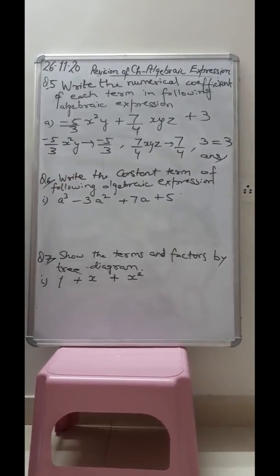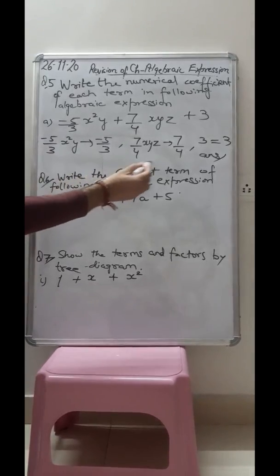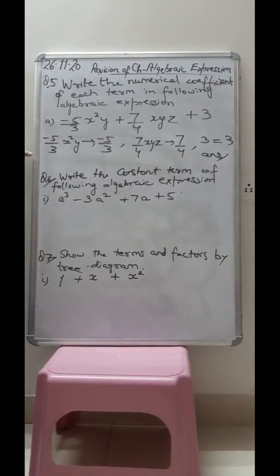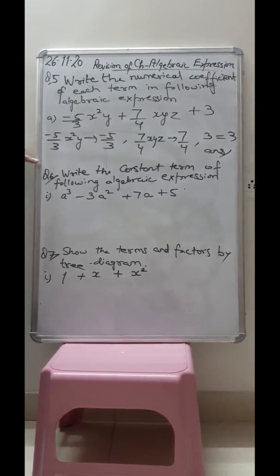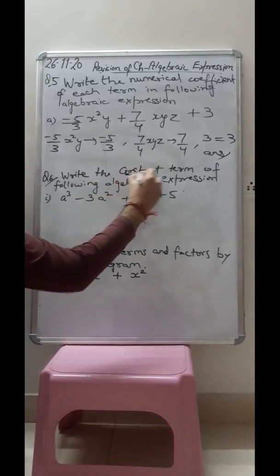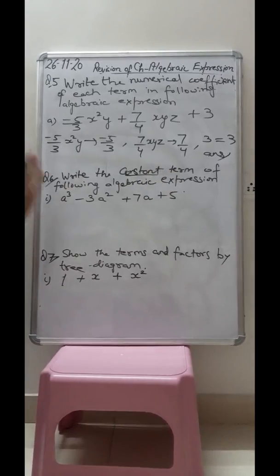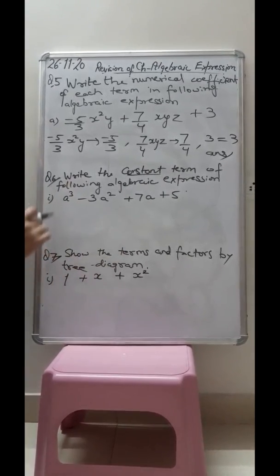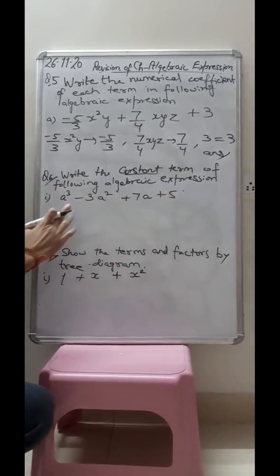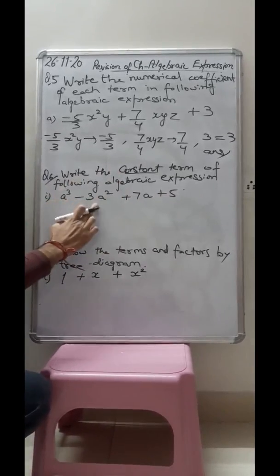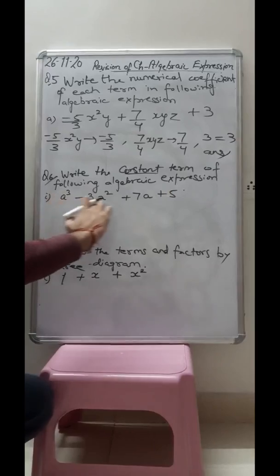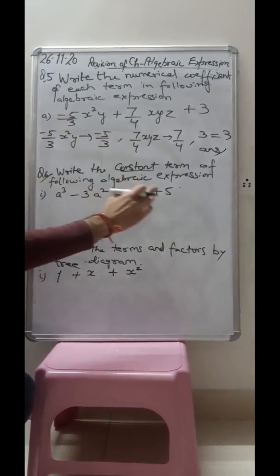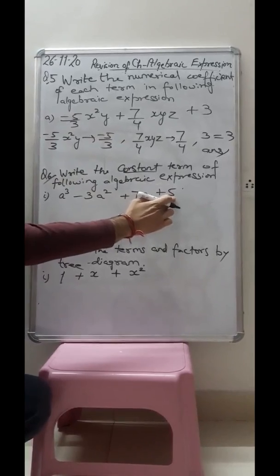Now question number 6 is write the constant term of the following algebraic expression. Here we have been asked to write down a constant term, and a constant term means the term which is not having any variable. Now in this expression we can see there are 4 terms, first, second, third and fourth, and after these 4 there is one single term that is not having any variable, that is 5.